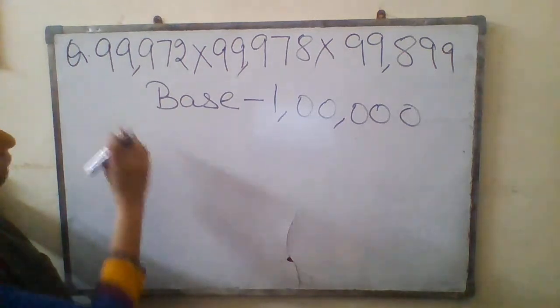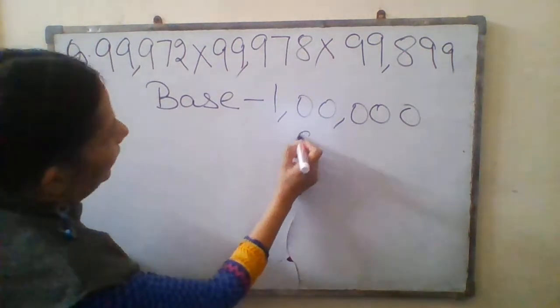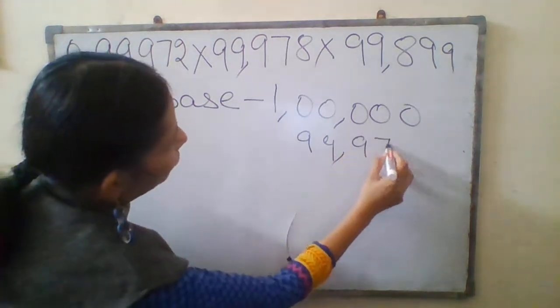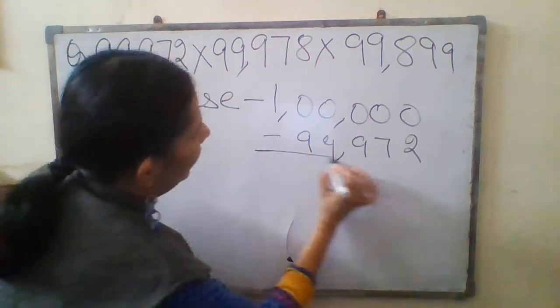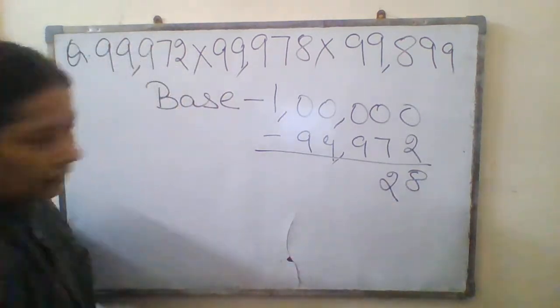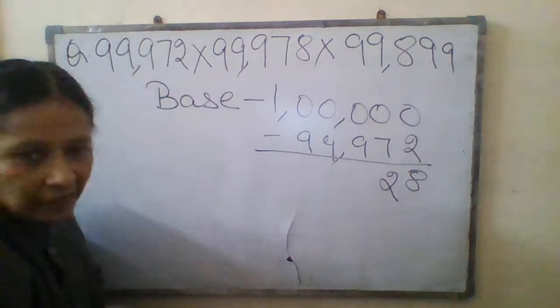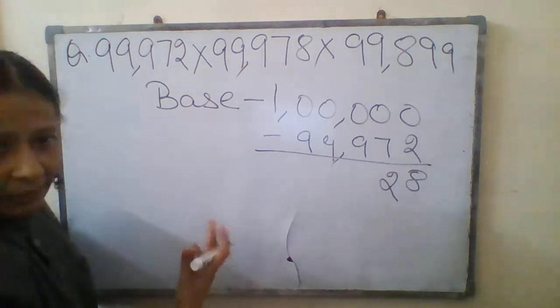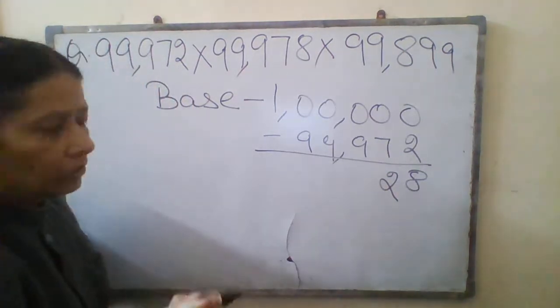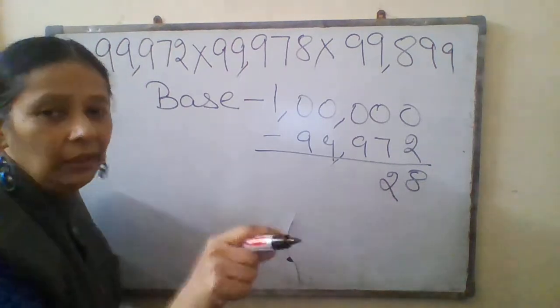So if you subtract 99,972 from 1 lakh, what will you get here? This 28 is very important because I have to use a double trick.